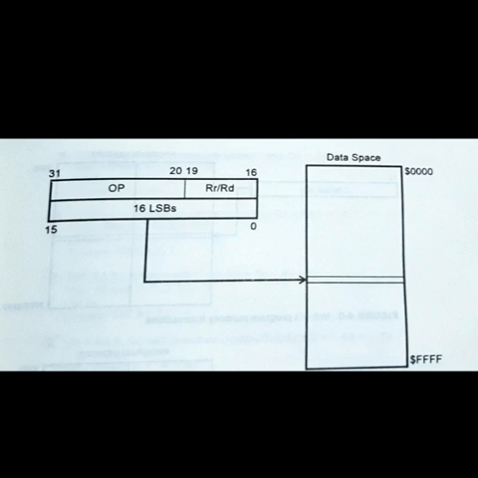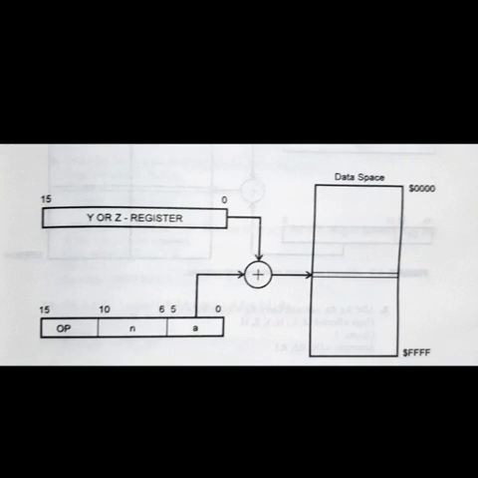These are instructions of the type RJMP and RCALL, where an offset of plus or minus 2K is added to the program counter, as shown in the figure.